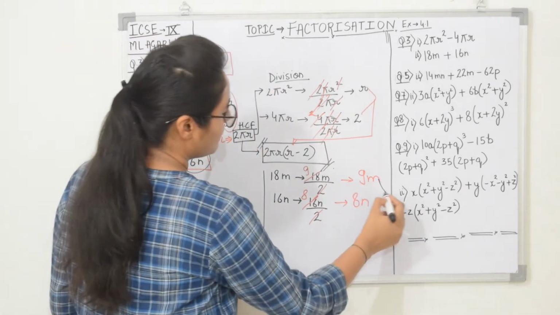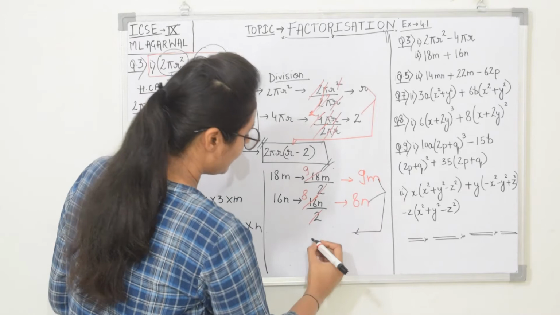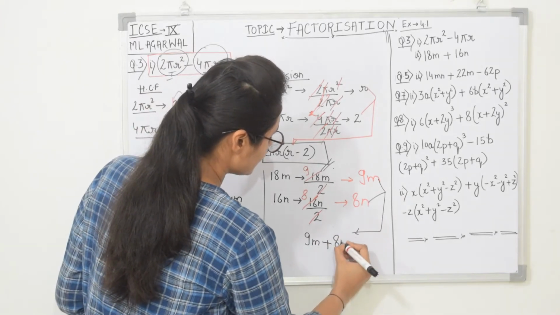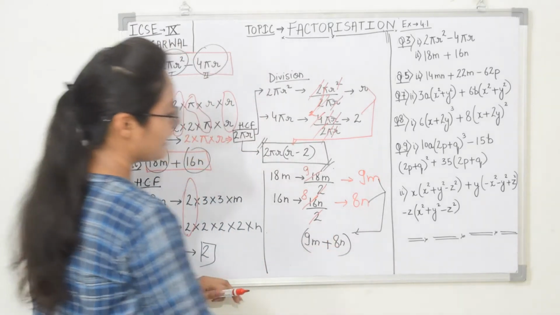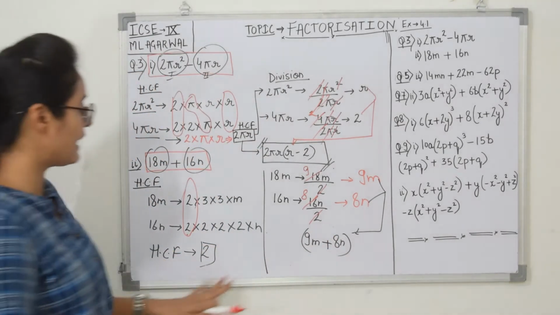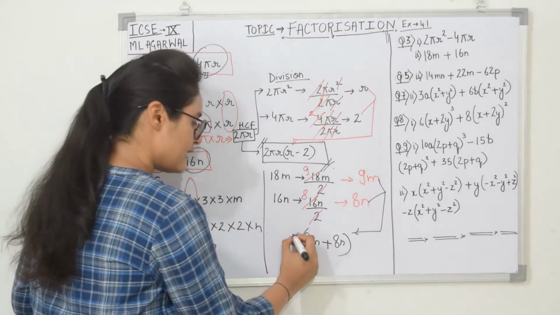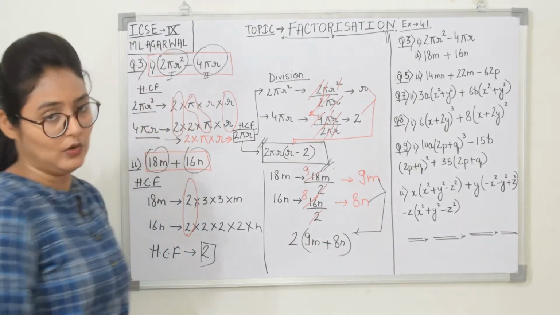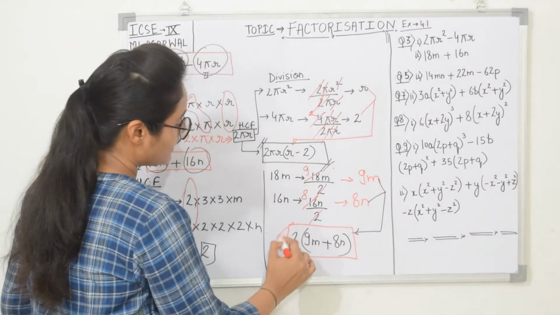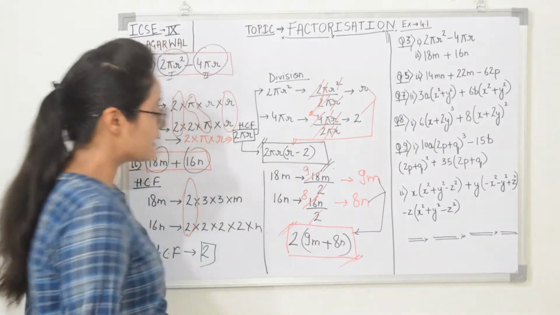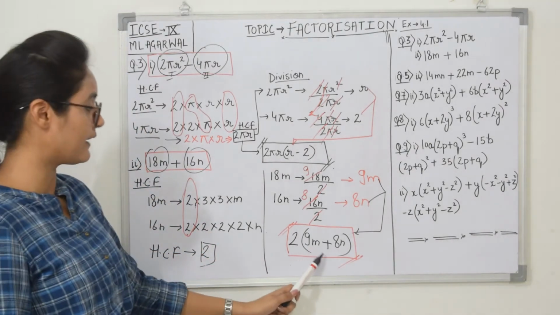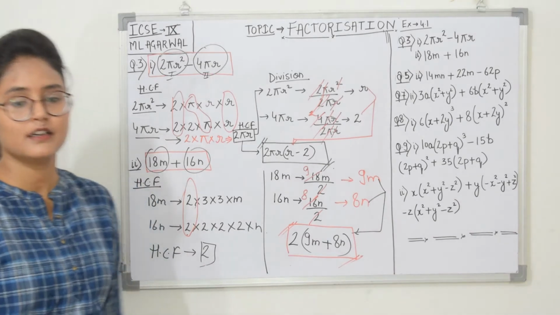Okay. Now combining both of them, you will be getting 9m plus 8n. Enclose them inside the bracket. Write down your HCF outside the bracket. You are having only 2. Just write it down. No problem at all. So the basic answer of this part of this question is 2 whole bracket 9m plus 8n.